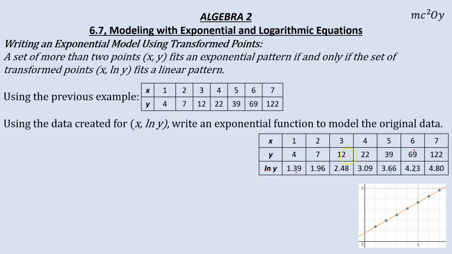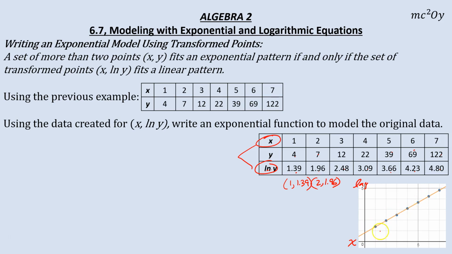Okay? And notice when I plot this, this is my x value, this is my ln y right here. When I plot this and this as an ordered pair, so 1, 1.39, okay, 2, 1.96, and so on, this is my graph.